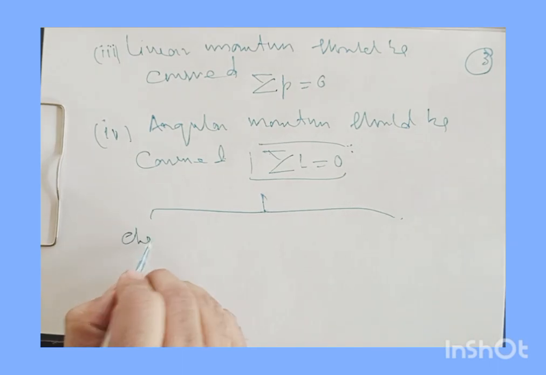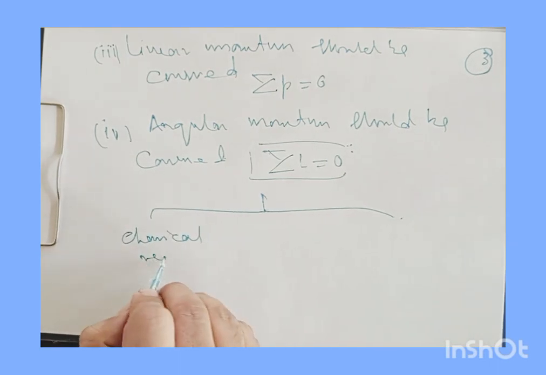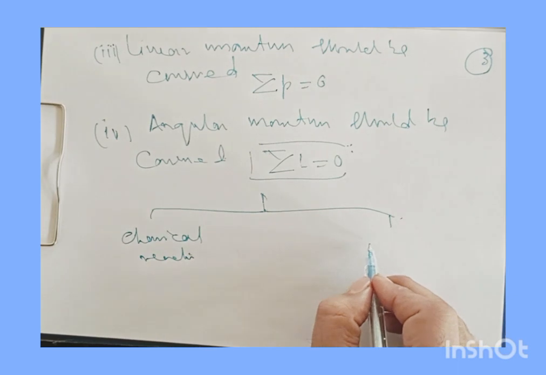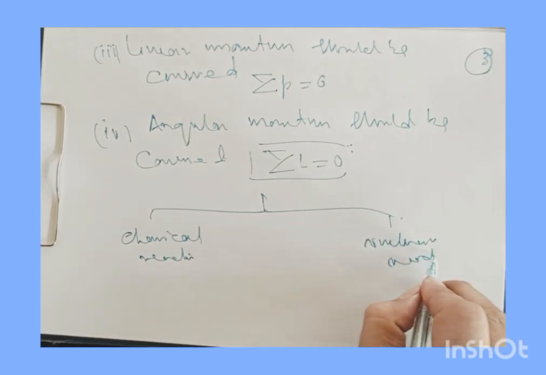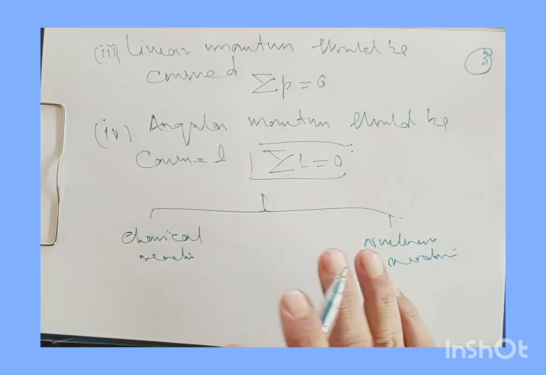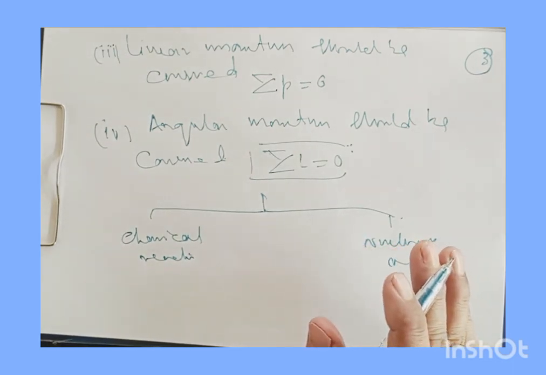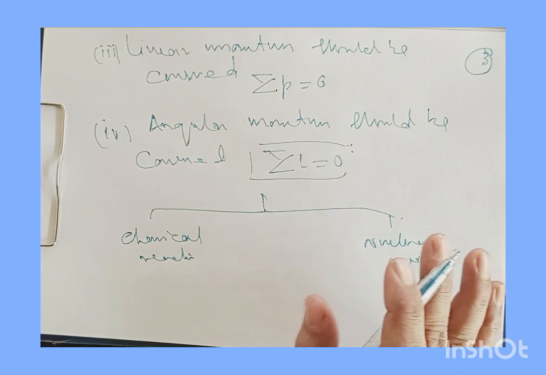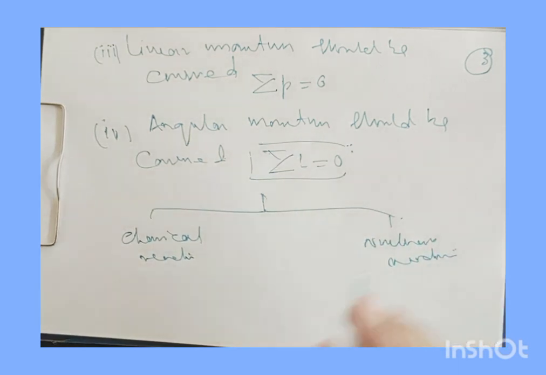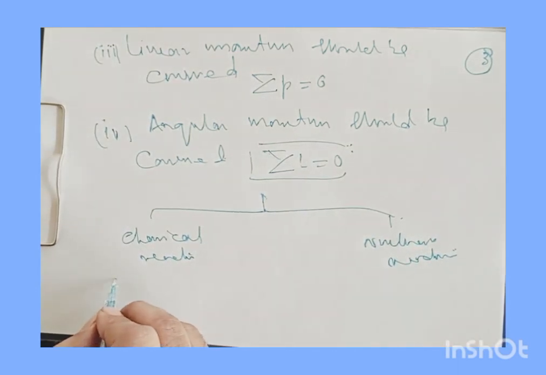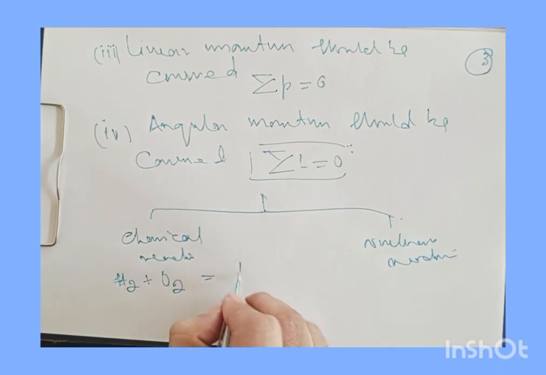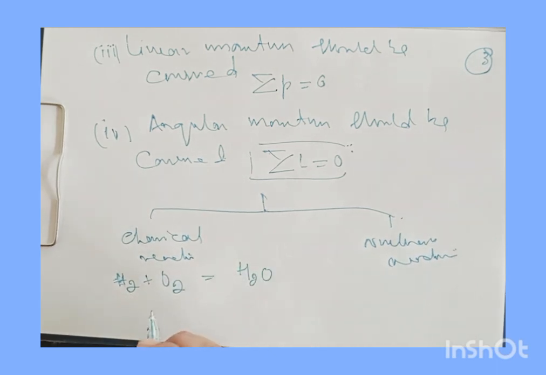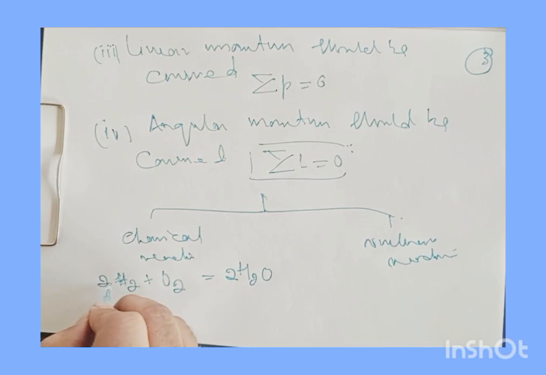We have chemical reactions, and now we are talking about nuclear reactions. In the case of chemical reactions, we don't have any new elements formed. If I take a simple example of hydrogen and oxygen, it will give me water, and we can balance it using 2.